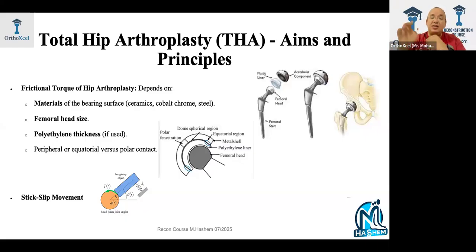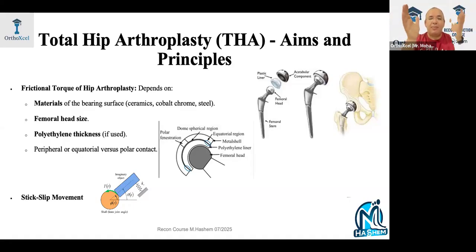But on the other side, the hip is nicely compressed, so the two bearing surfaces are moving against each other under a lot of stress: higher friction, higher torque, higher loosening. Again, for frictional torque, you need to understand two surfaces moving against each other. There is a frictional moment between them, and this frictional moment ends in a torque on both of them. So this idea guides you in how to think about your total hip.